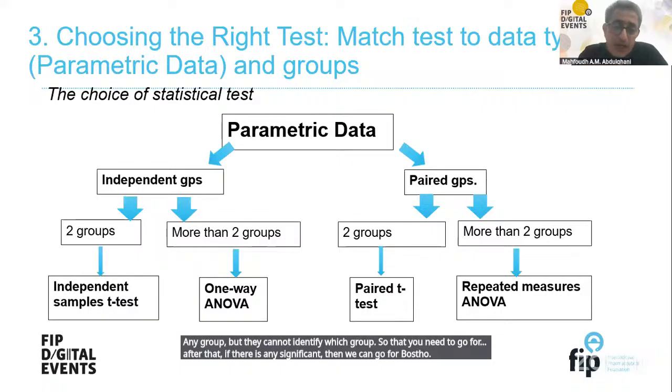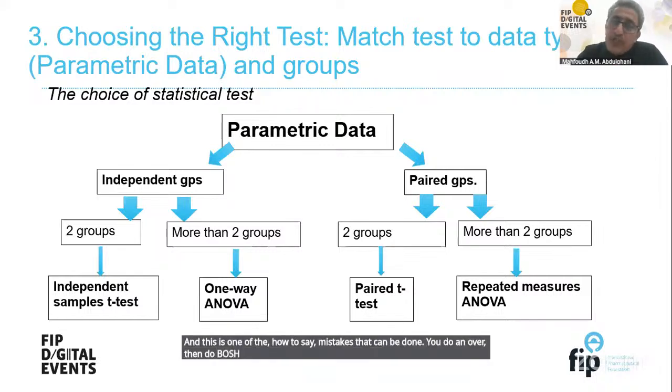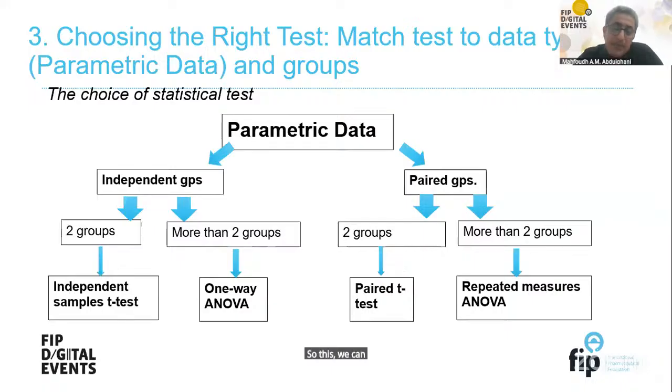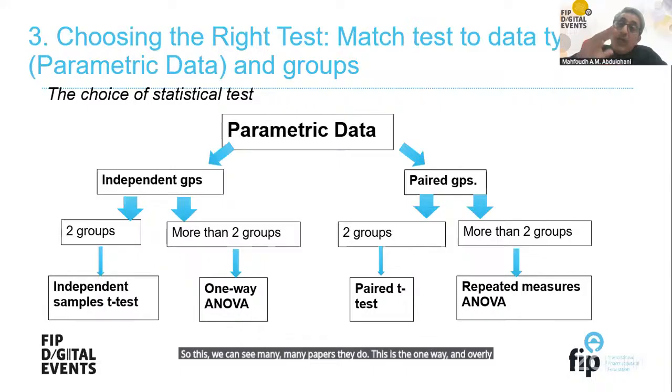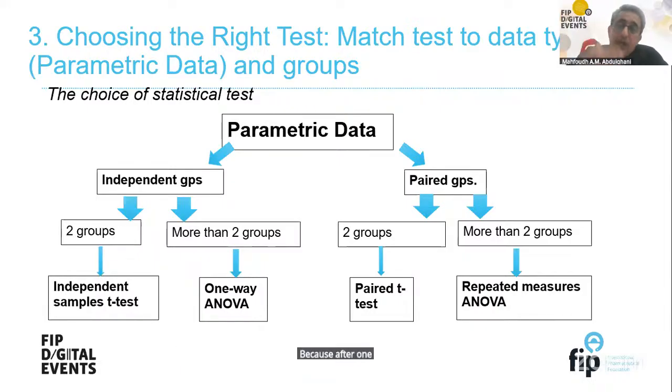And this is one mistake that can be made: you do ANOVA, then do post hoc, even though there is no significant difference between groups. Many papers do this. But one-way ANOVA identifies whether you can go for the next step or not. After one-way ANOVA, you have to select the post hoc test, and that depends on other factors also.